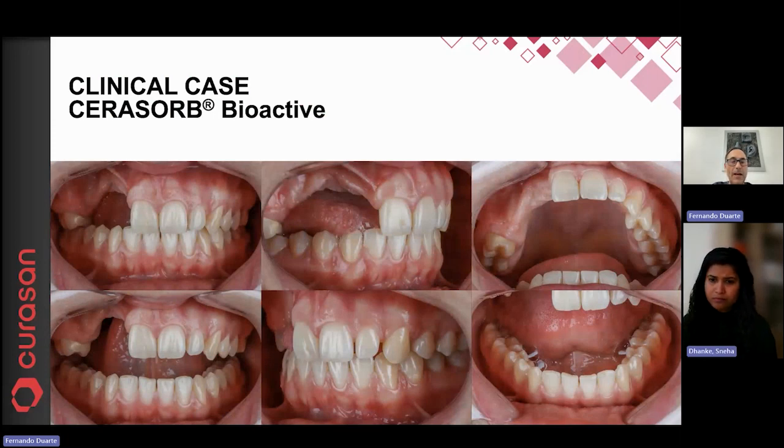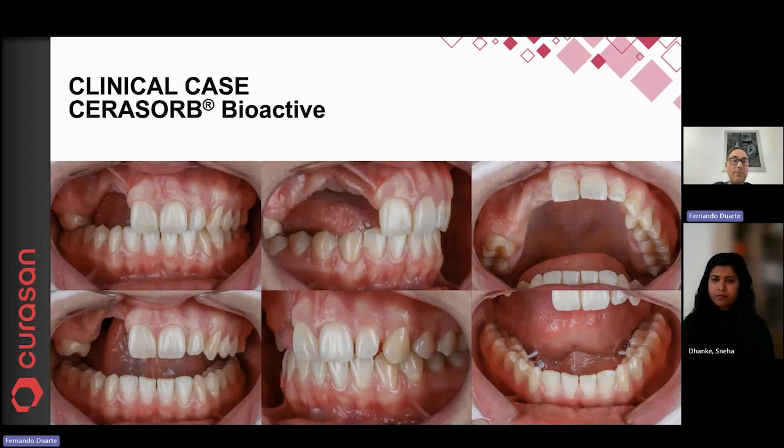She wants us to reconstruct the maximum that we can. But in these kinds of clinical situations, we have the bone and also the soft tissue to cover all this. And we need to think of all the items, because the final result will depend on all of them.